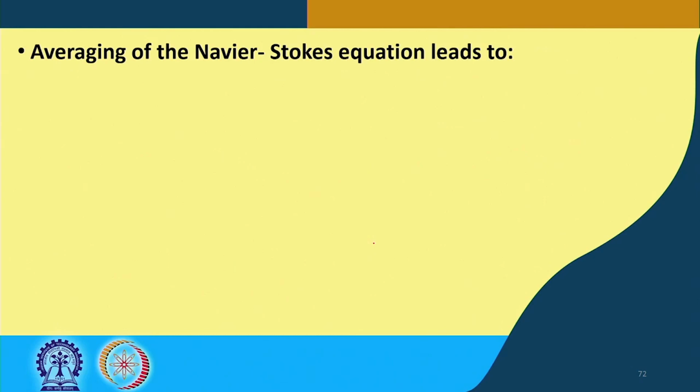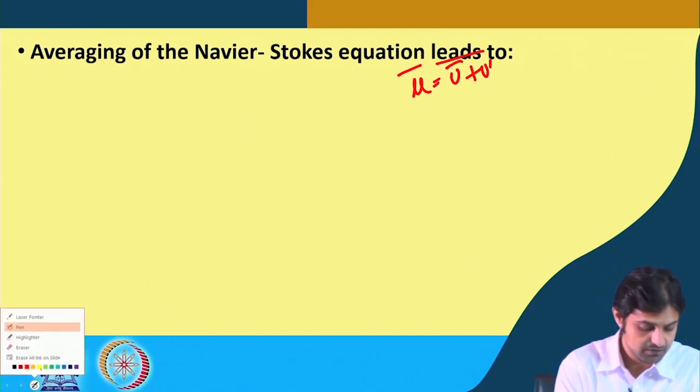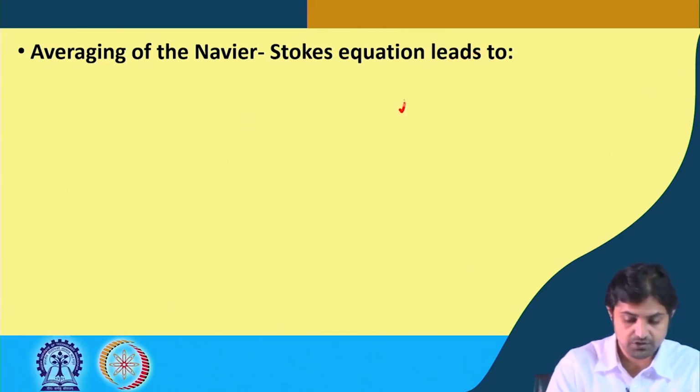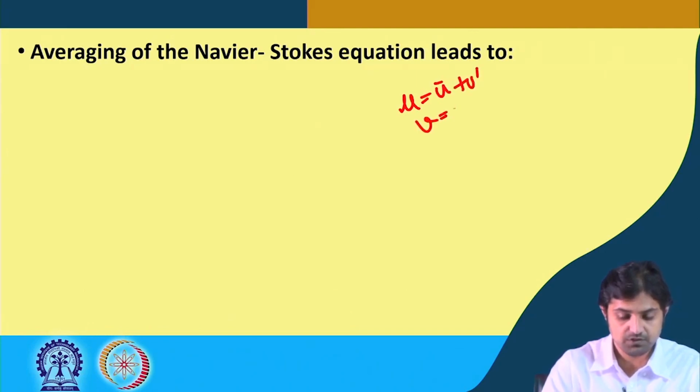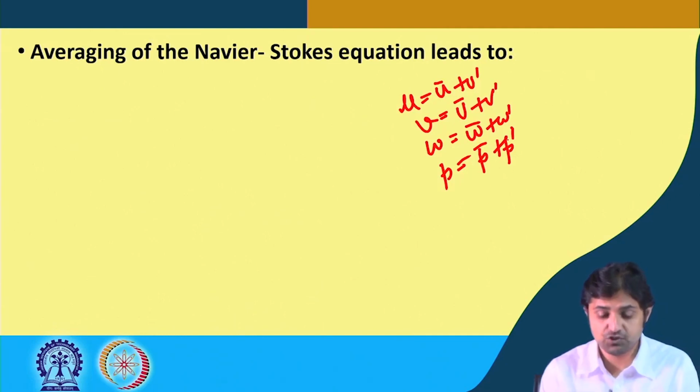So if we do the averaging of the Navier-Stokes equation, we put u is equal to u bar plus u prime, v is equal to v bar plus v prime, w is equal to w bar plus w prime, and p is equal to p bar plus p prime, put it into the equation and do the whole average of the equation.